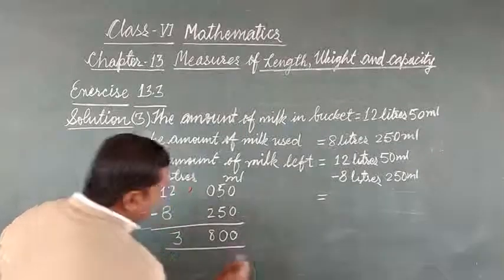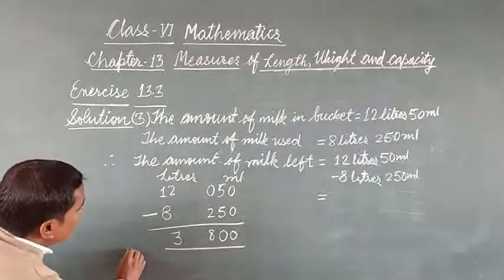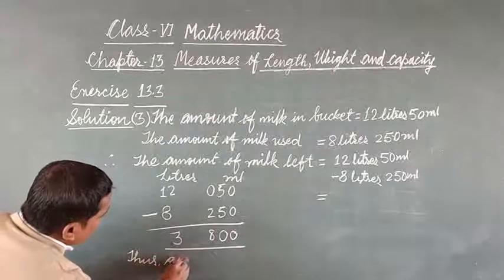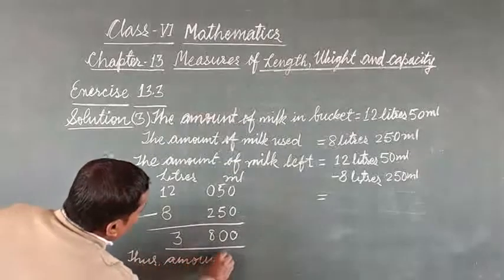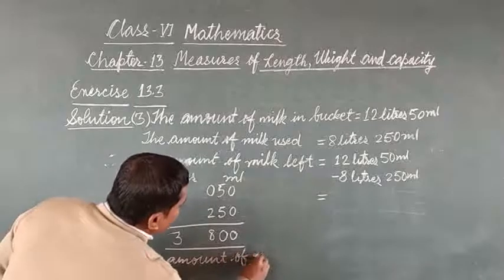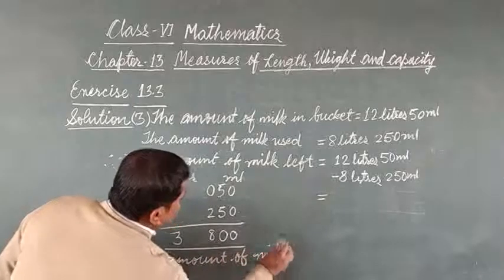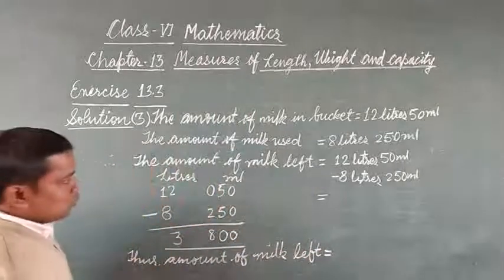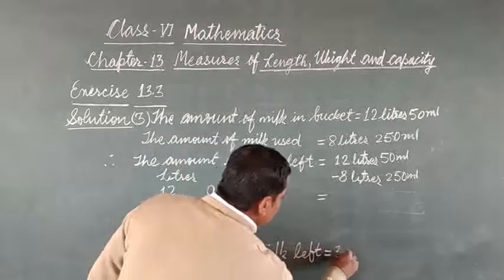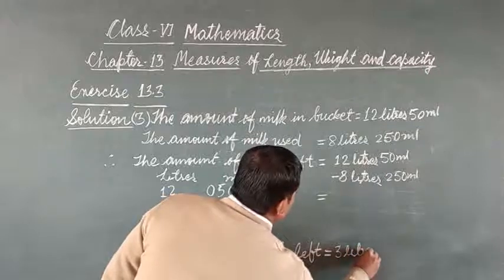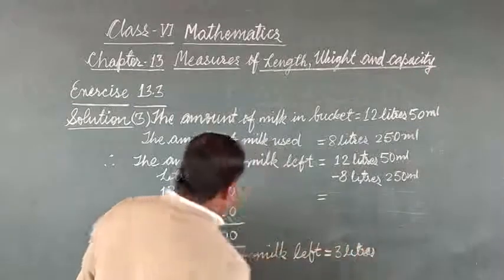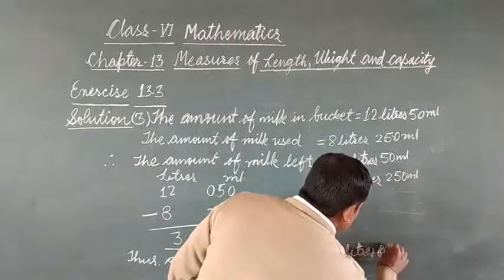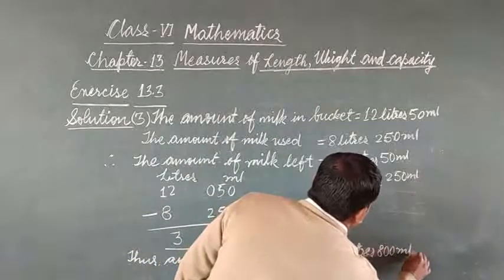So the amount of milk left is equal to 3 liters 800 milliliters.